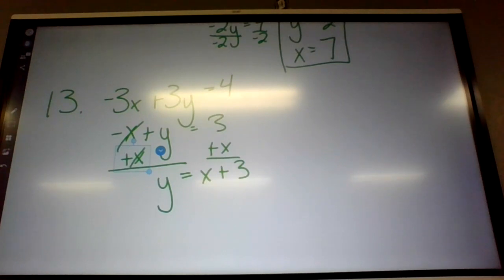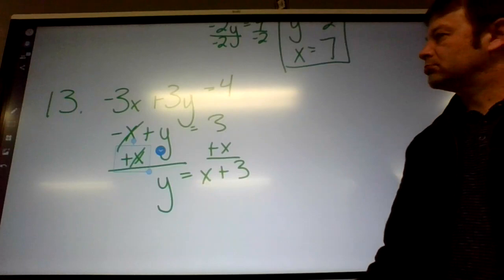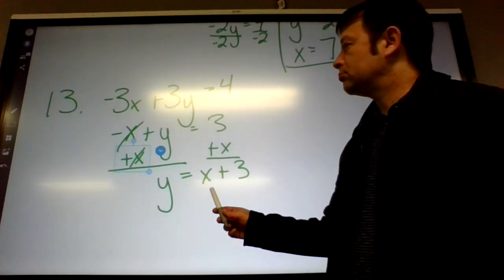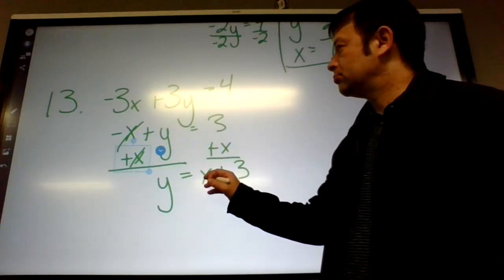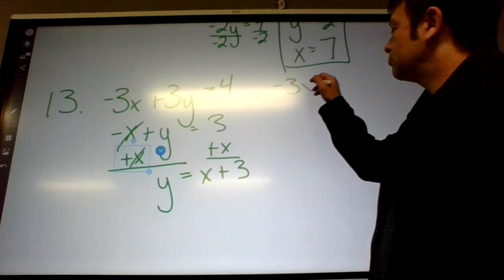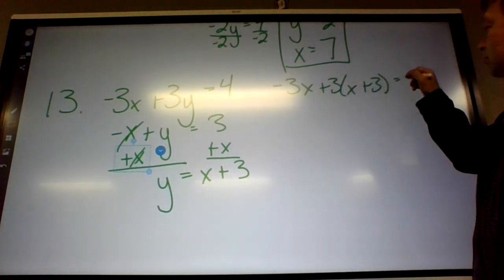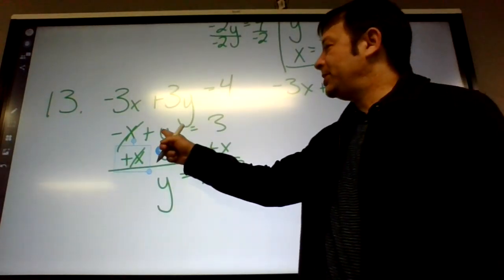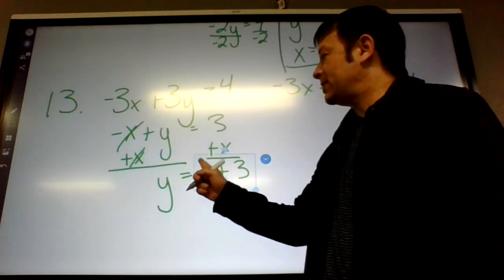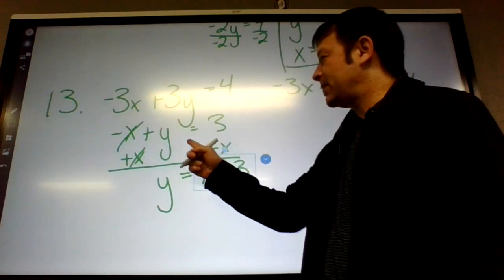Okay, now what am I going to do at this point? Manny, what do you think? Well, you would plug it into the equation up above. You do -3x plus 3 times x plus 3 equals 4. Right. Since this is just the second equation rewritten, this came from this.